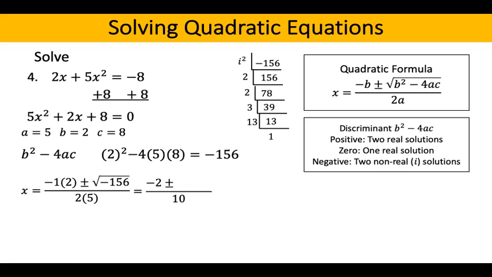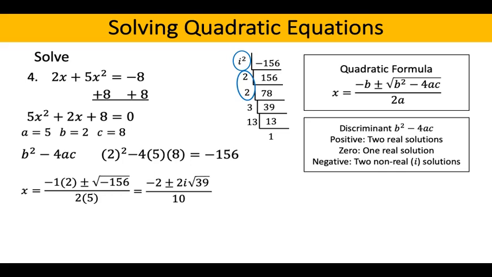So look for your pairs of like factors. Remember, you have the pair of i's, so we have i squared, which is a pair. We have a pair of 2's, so those get to come outside of the radical, a 2 and an i. The 3 and the 13 will remain inside the radical, and you'll multiply them back together.